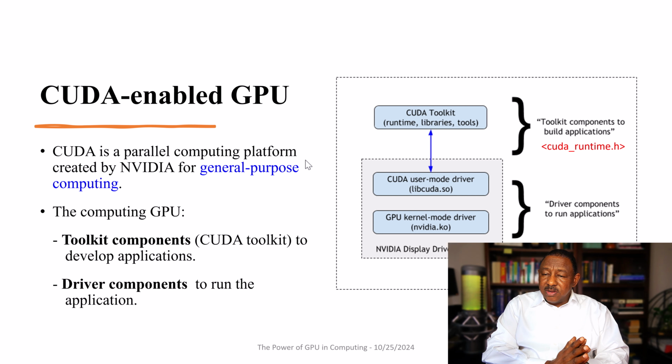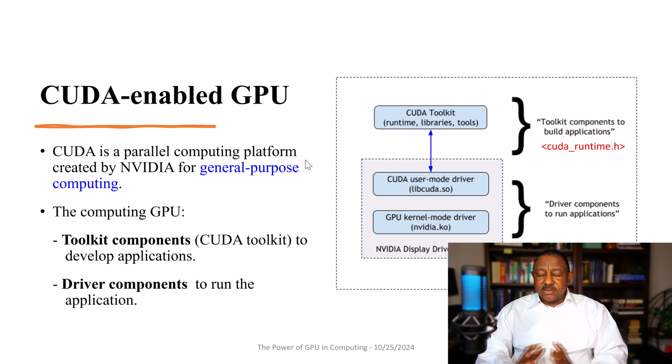It consists of the CUDA toolkit, which includes the runtime, libraries, and tools. The second is the driver components, which include the CUDA user mode driver and the GPU kernel mode driver and so on.